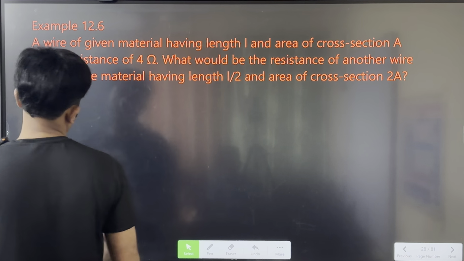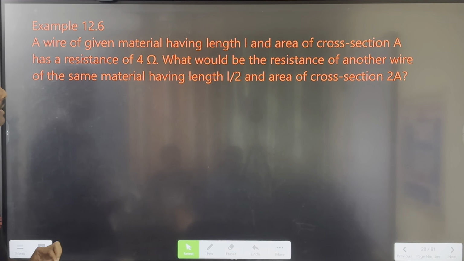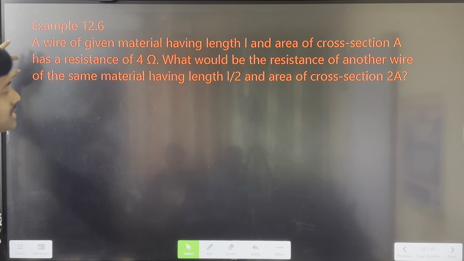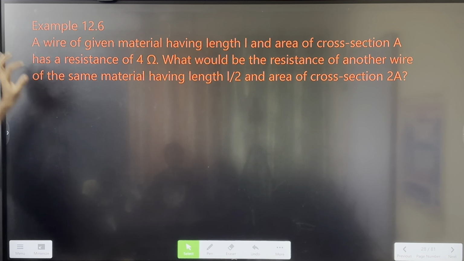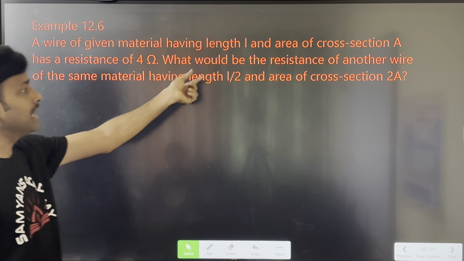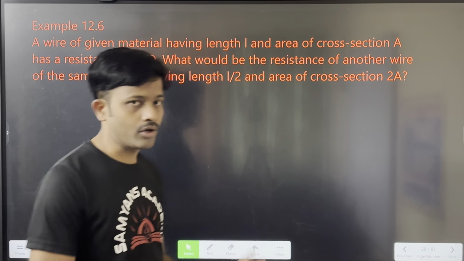Now you see here, example 11.6. A wire of given material having length L and area of cross section A has a resistance of 4 ohm. What would be the resistance of another wire of the same material having length L by 2 and area of cross section 2A? Have you understood this?